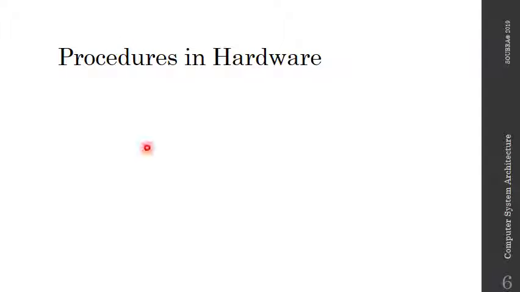So in hardware, how would we implement procedures? We all know how to implement procedures when it comes to software. From a software point of view, all we have to do is define the function, what the function does, and then call that particular function from the main function or from any other function. It's so easy.